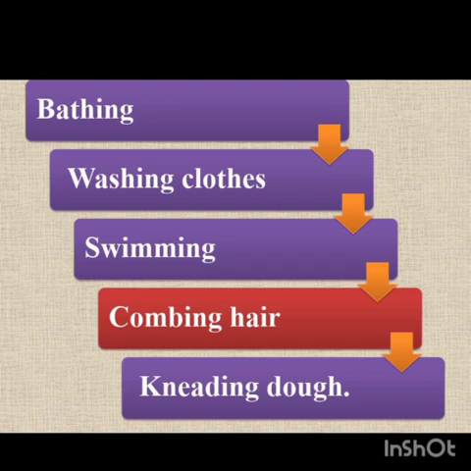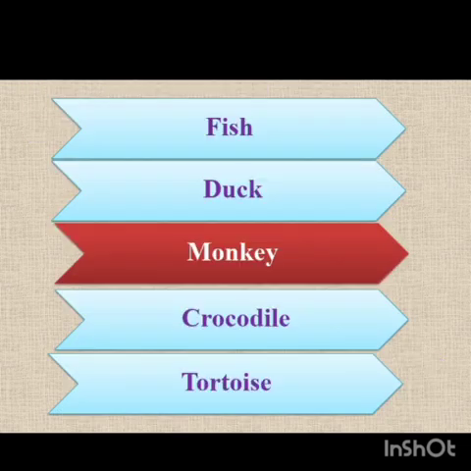So here the answer is combing hair. So here you can see fish, duck, monkey, crocodile and tortoise. So which one is different from others? So definitely monkey is different from others as monkey cannot live in water while others can live in water. So monkey is different from them.